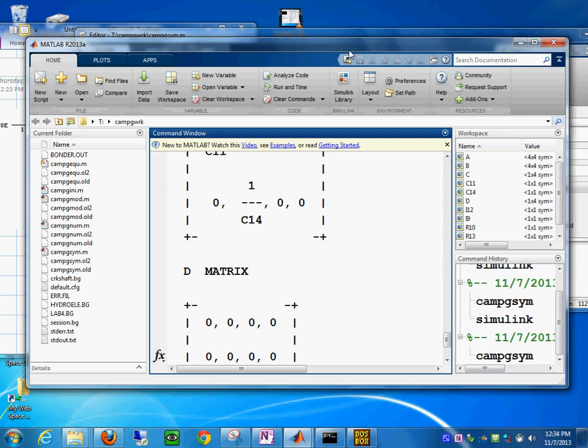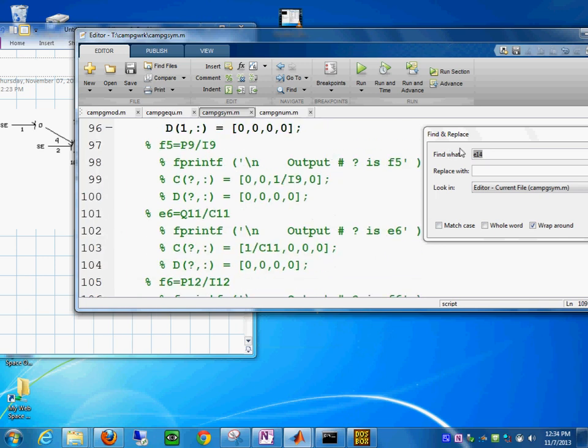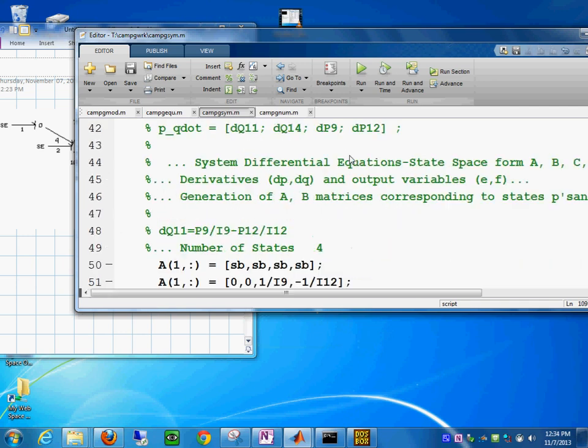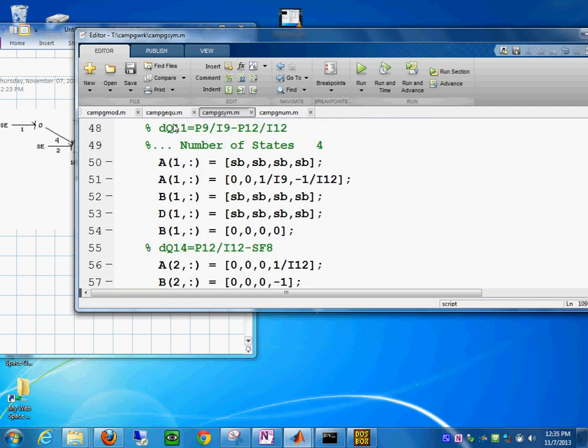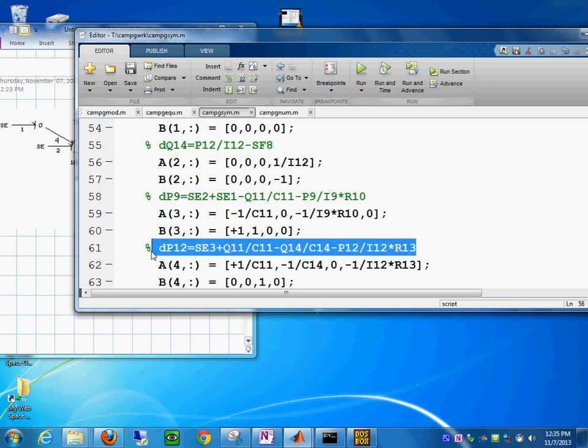Now, having said this, another objective of what we were doing right now is, given the state space equations that CAMPG generated in first order form, these equations are here. See, there's that one, there's this, and there's this, and there's that. There's 4 equations for the derivatives and 2 equations for the outputs.